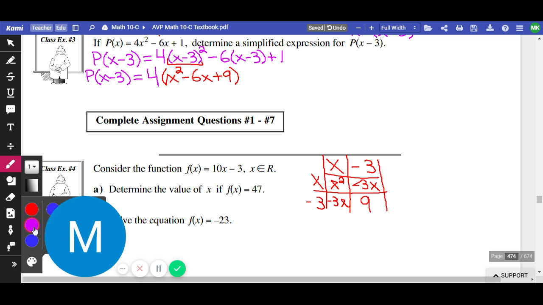Everything else stayed the same for now. Minus 6(x minus 3) plus 1. So all I did was deal with that exponent. Right? I took that binomial squared, I expanded it.